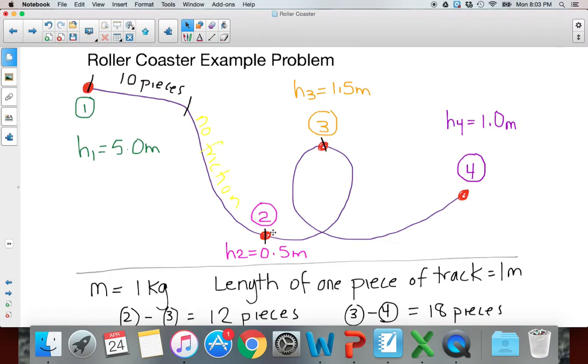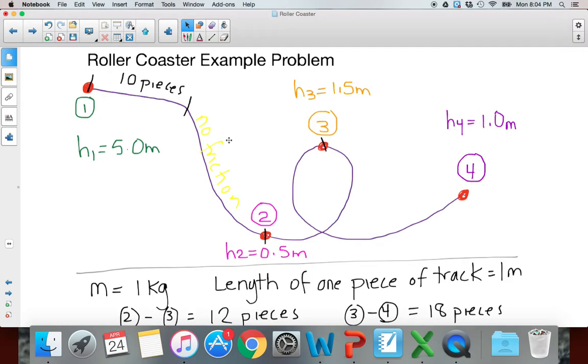Between points 2 and 3, there's another 12 pieces, and between points 3 and 4, there's another 18. That's the sort of data you need to know, and the height of each off the floor. That's how I chose to do it. It's not the way you have to do it, but that's the data that I asked you to collect. So I think it's straightforward for everybody.